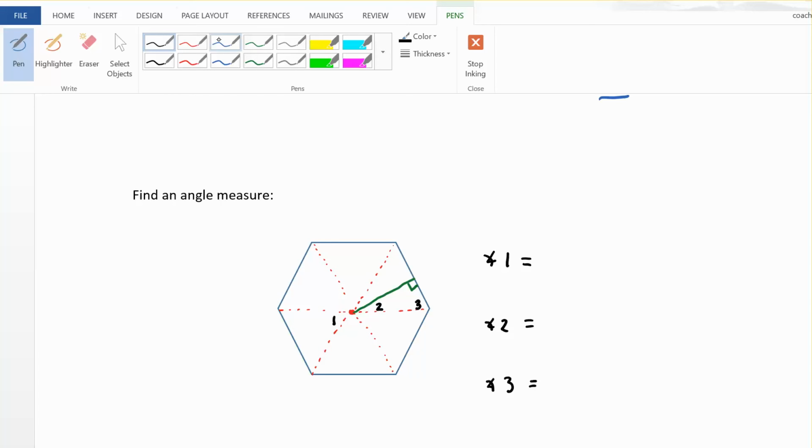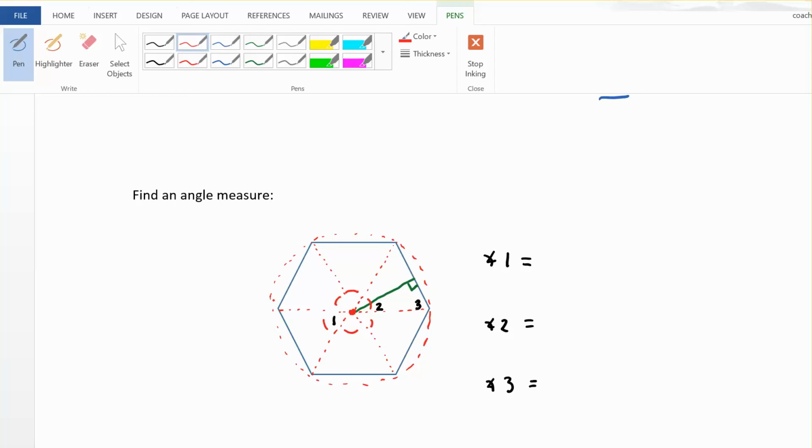We've taken this hexagon, and this is the center of the hexagon, the red dot here. So we have to figure out what each of these angles would be. They're all going to be the same, so what would they each be? Well, remember we said that this is the center of a circle as it goes around the outside of the polygon.